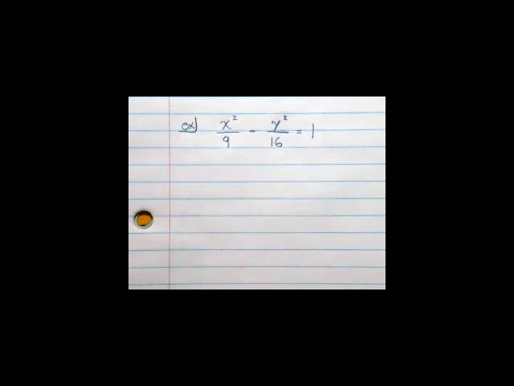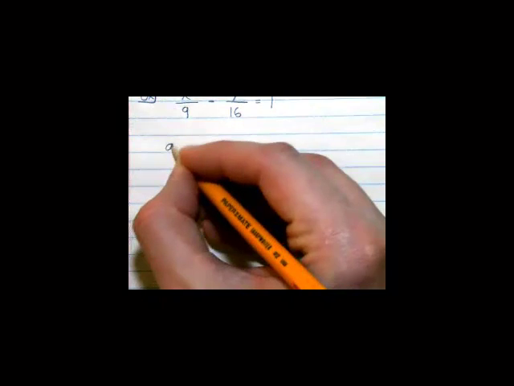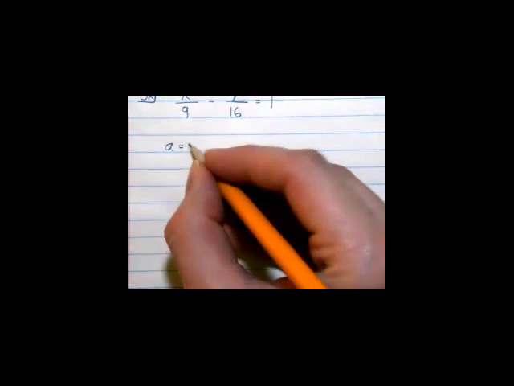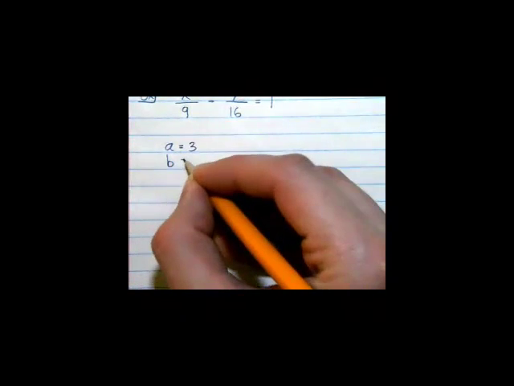All right. Okay, x squared over 9 minus y squared over 16 equals 1. So what are the values of a and b? A is 3, b is 4.